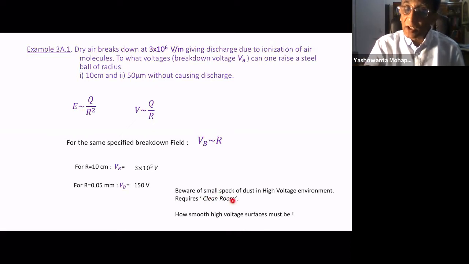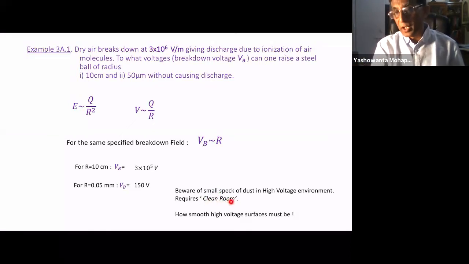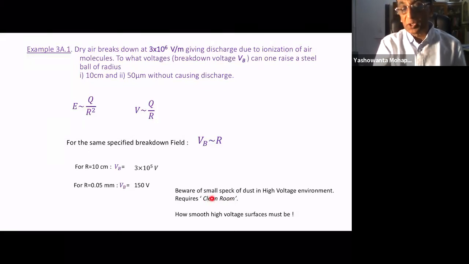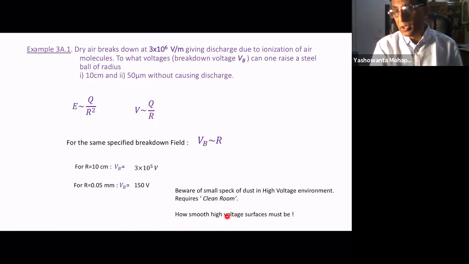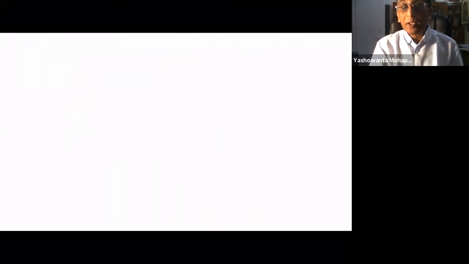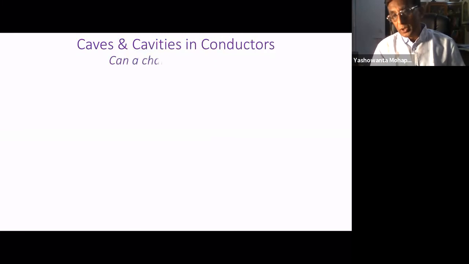We specify how many particles of what sizes are in the clean room, and we do our experiments mostly in such rooms. Also, high voltage equipment has to be very smooth, because if there is a small speck or roughness somewhere, the field will be very high, it will break down, and it can cause severe damage.